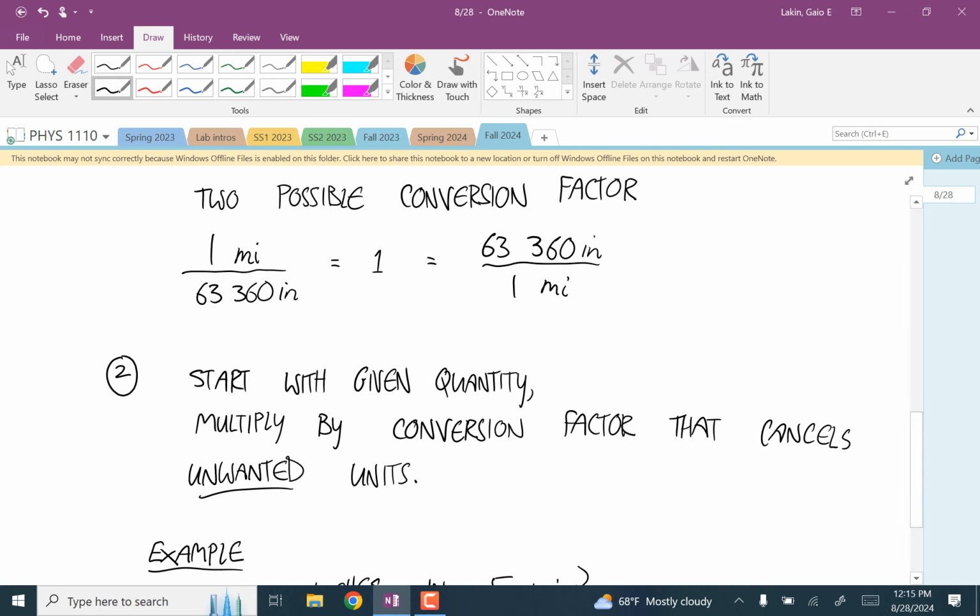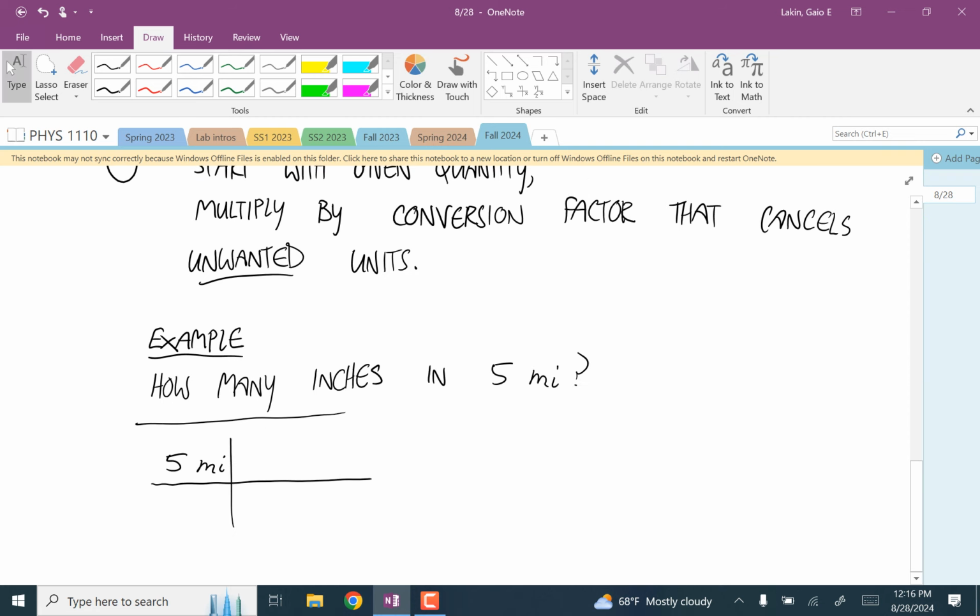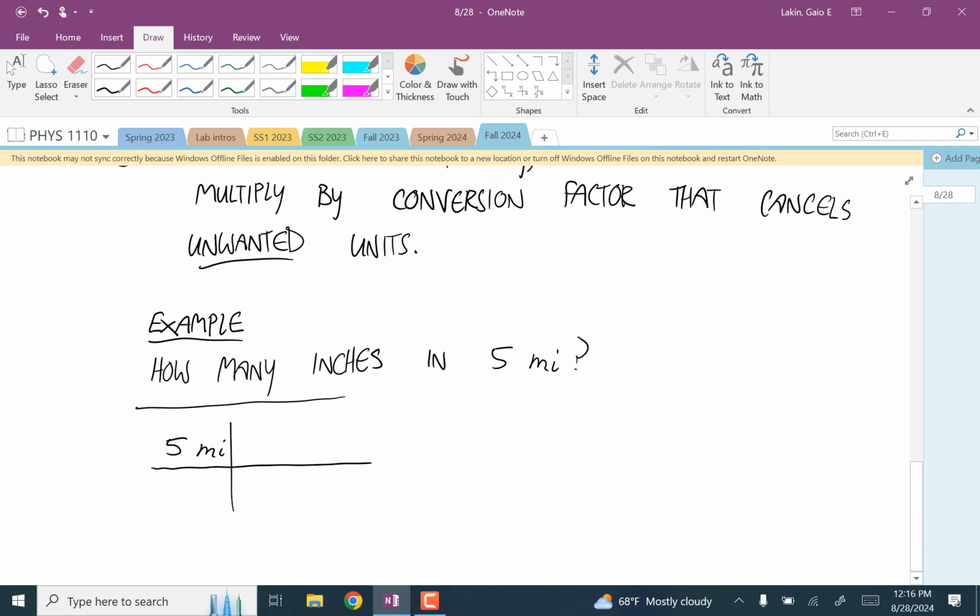Okay, and we're going to think of these units the same way we think of algebraic variables. You can think of the meaning of this as 5 times whatever a mile is, just like you can think of it as 5 times x or whatever. And we're going to cancel units the same way we cancel algebraic variables in a fraction. Okay, so if I want to cancel out these miles, one thing about this that I didn't say.